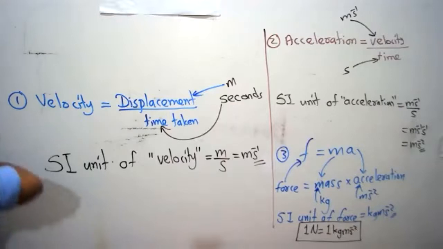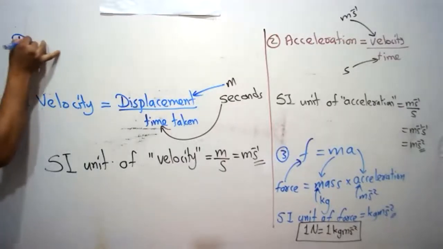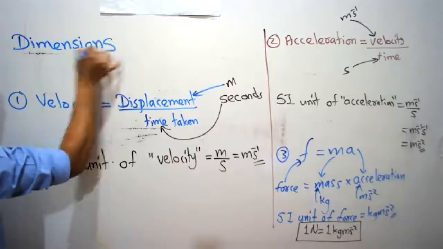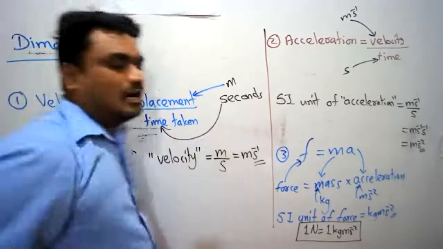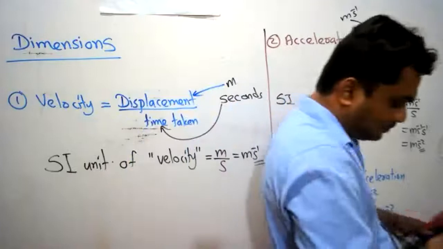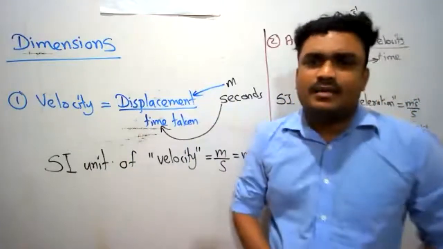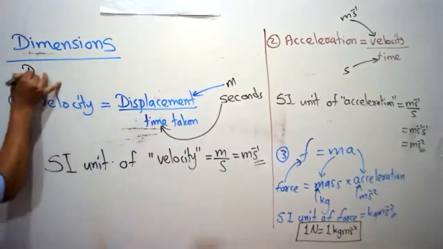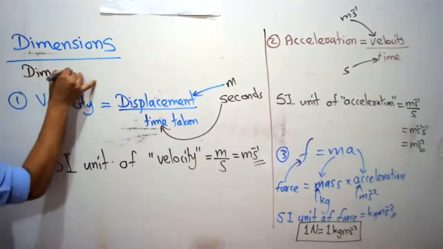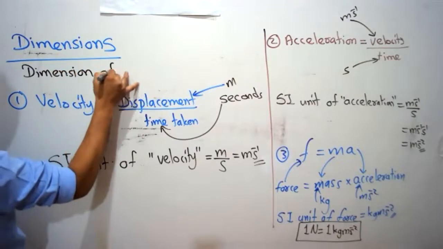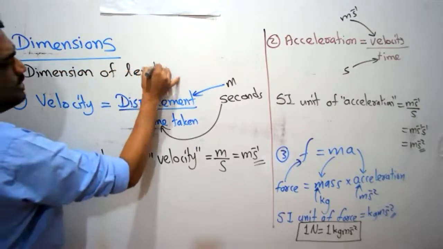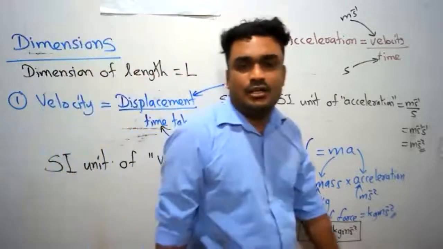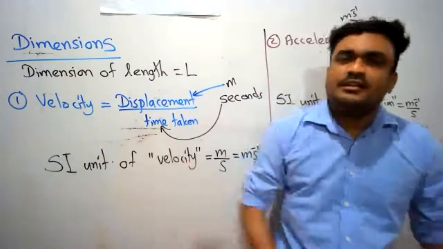But write your next subheading as dimensions. What is a dimension, dear? You may have heard these: dimension of length is capital L, dimension of mass capital M, dimension of time capital T. But what is a dimension, dear?